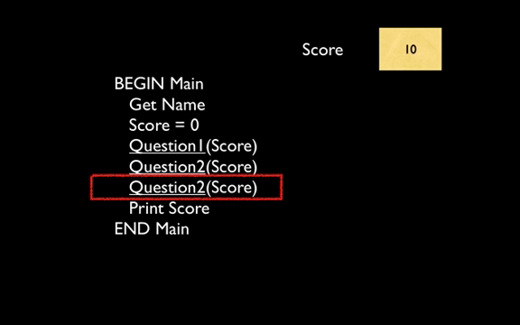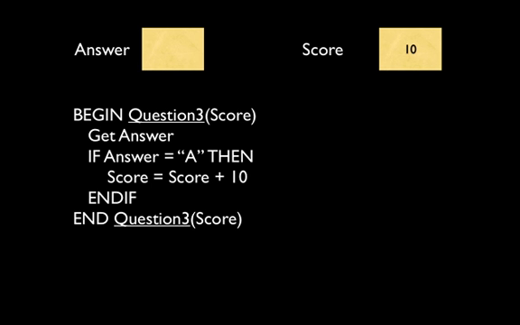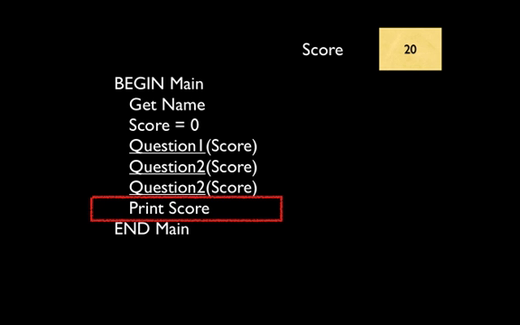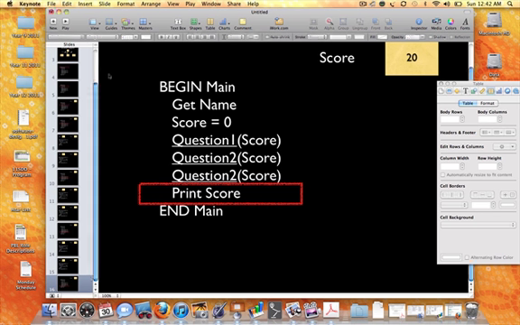Go back to the main module, and obviously here our score will stay at 10. Question 3, if we have a look at that one, it's all the same. Let's see what the user put in. The user put in an A, so therefore score has incremented to 20. We go back to the main module, it's still 20. The last line of code to execute is to print out the score, and that would get printed back to the screen or wherever the user would direct it.